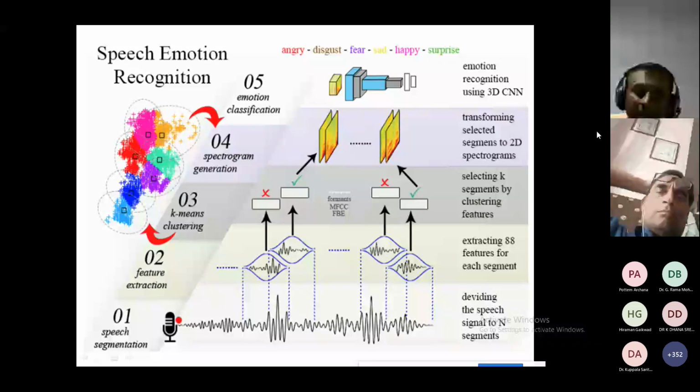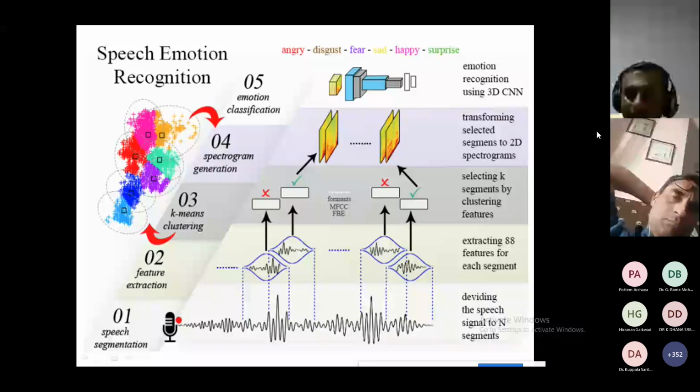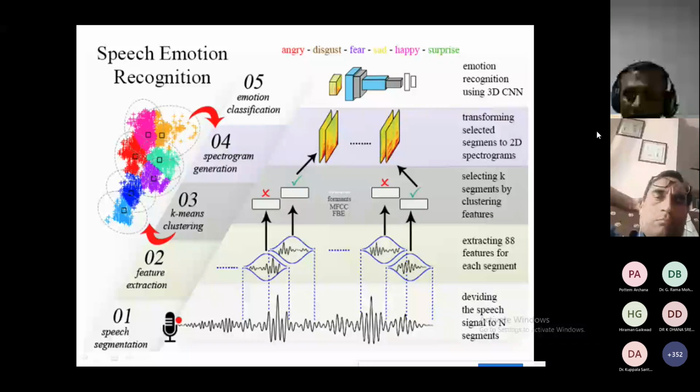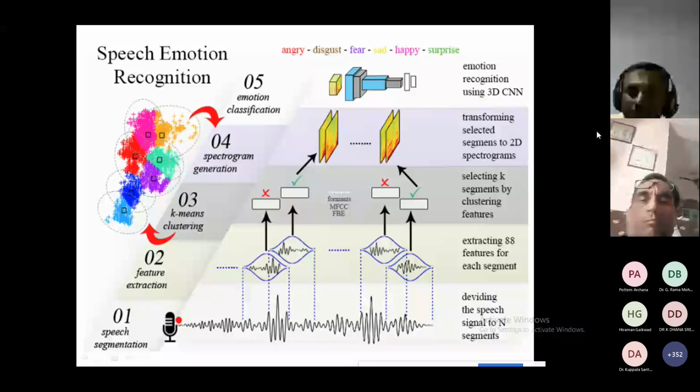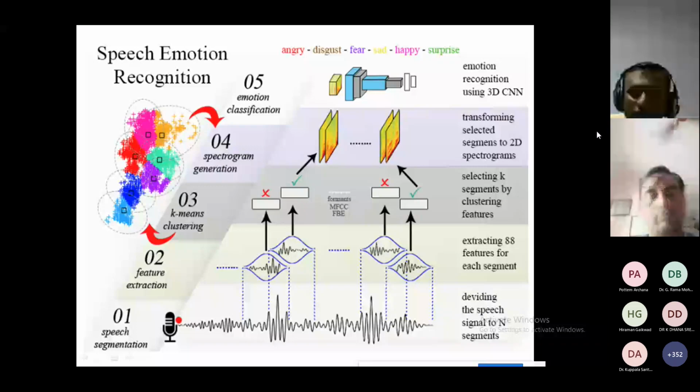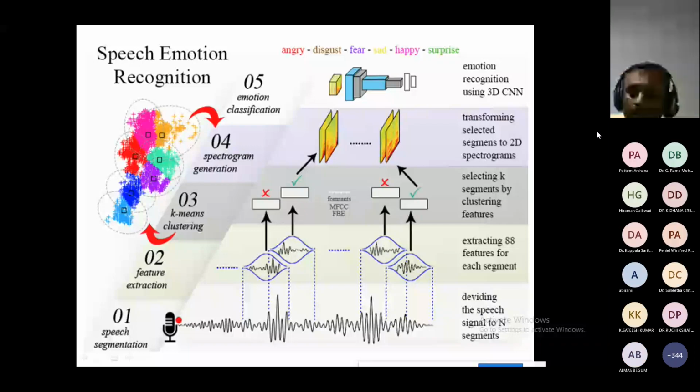Then clustering is done. Then, selecting the case segments by clustering features, the right matching is sent for spectrogram generation, which formulates the 2D spectrogram for the perfect matching of the quality.